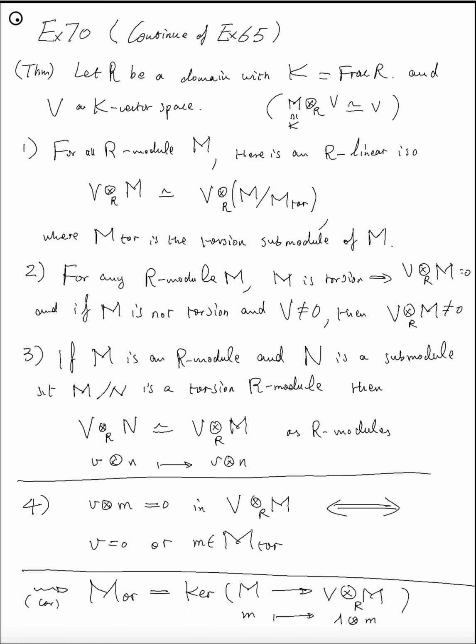Because exactly by this form, it tells you under this R linear map, all those m with 1 tensor m equals 0 correspond to exactly those m in M tor.